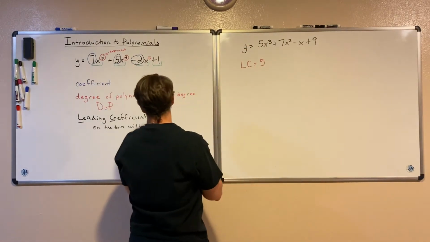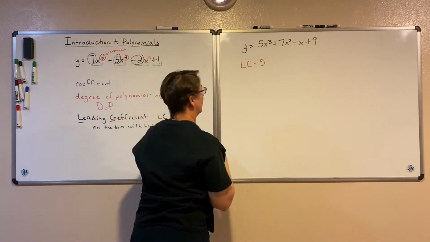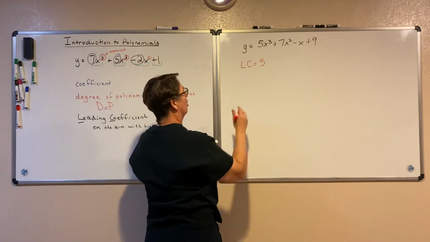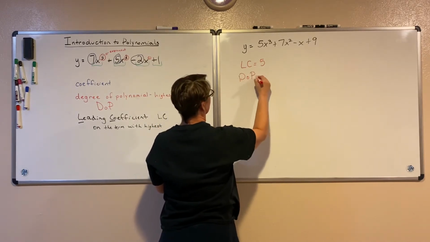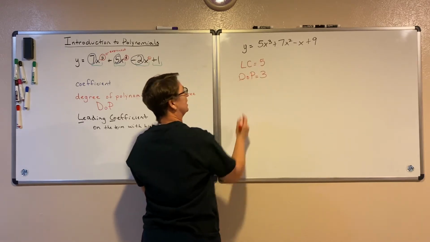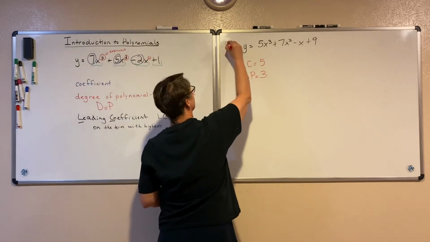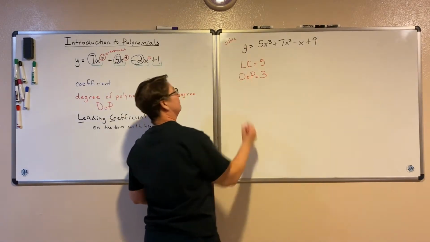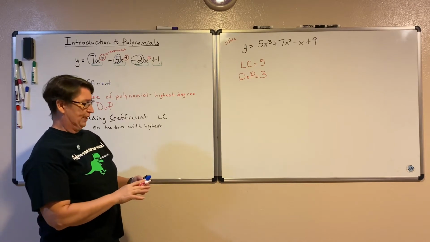And the degree of the polynomial, or your dope, is 3, because that's the highest degree. By the way, when your highest degree is 3, we call this a cubic function.